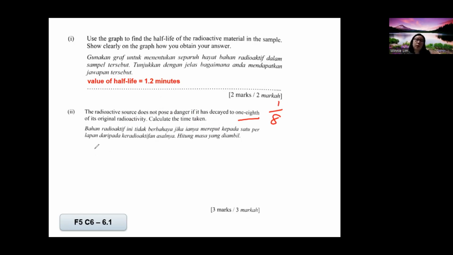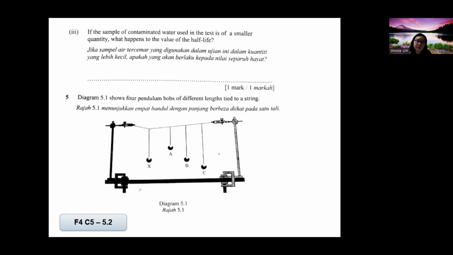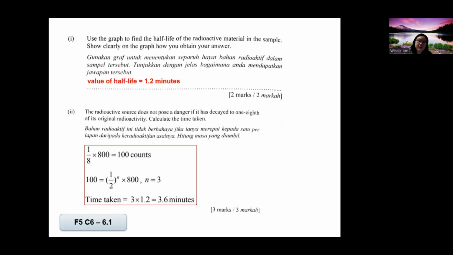So the arrow way is, from 1, you halve it to become 1/2, then 1/4, then 1/8. How many half-lives do you undergo? 1, 2, 3. So 3 times 1.2 gives you the answer, 3.6 minutes.